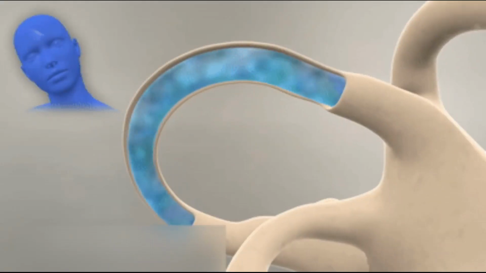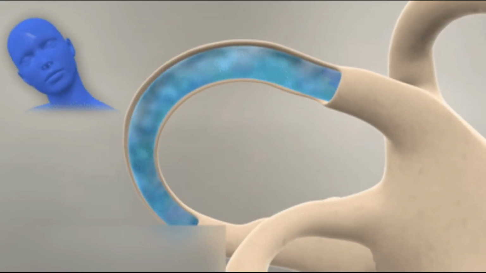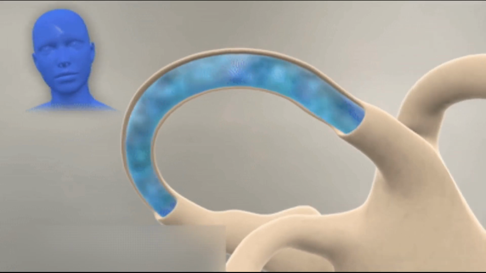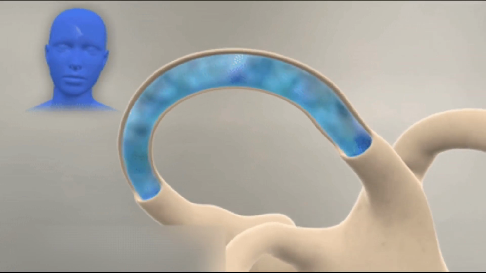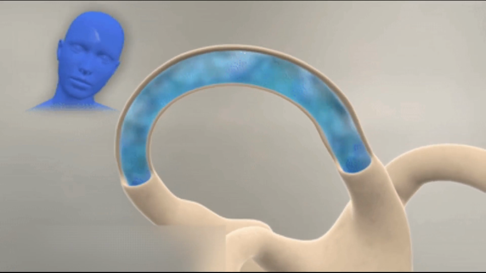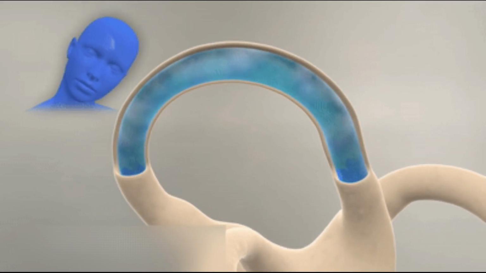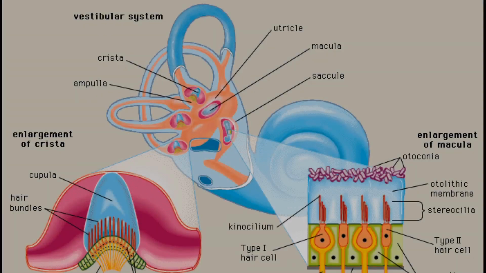So this is a video showing how the head movement is related to the movement of fluid inside our internal ear. According to the movement of the head, there will be stimulation inside our internal ear with the help of movement of fluid inside the inner part of our ear.